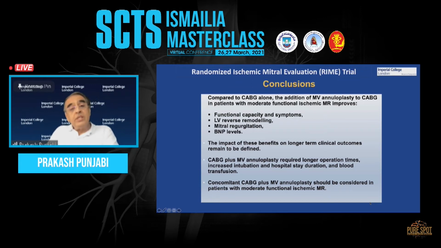And we concluded that compared to CABG alone, the addition of mitral valve annuloplasty to CABG in patients with moderate MR improves functional capacity, LV reverse remodeling, less mitral regurgitation or none, and BNP levels tended to improve. We have to wait for the long term.